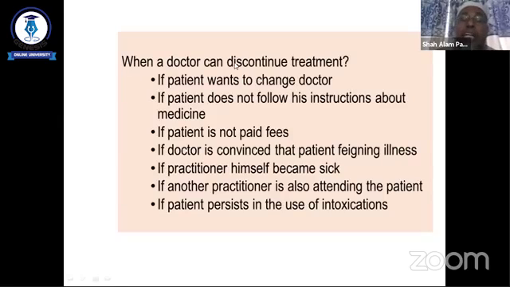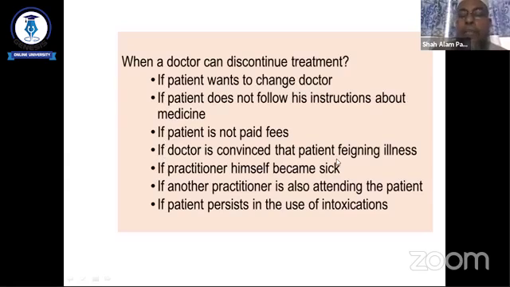You can discontinue treatment if the patient wants to change doctor, if the patient does not follow your instructions about medicine, diet, drugs, etc., or if the patient is not paying your fees. You can notify him, inform him, and then discontinue your treatment.